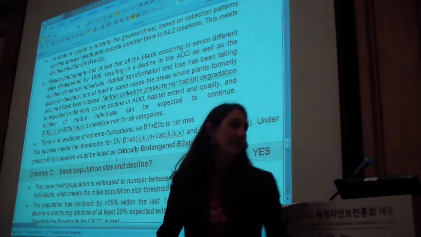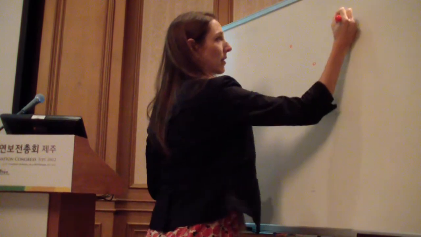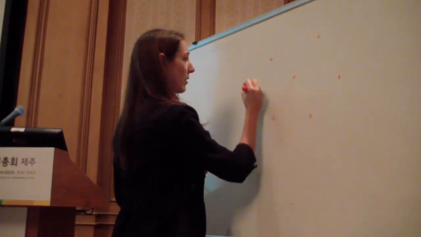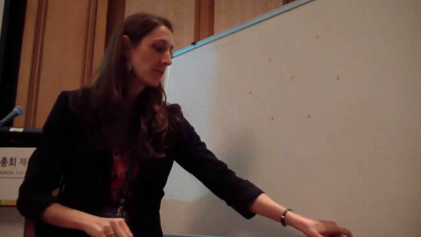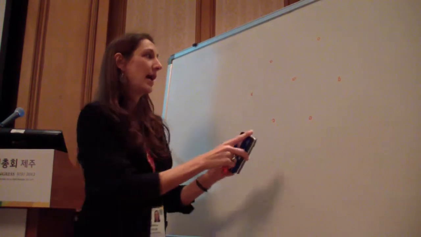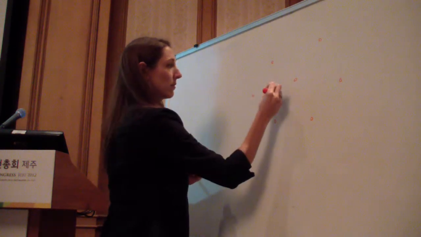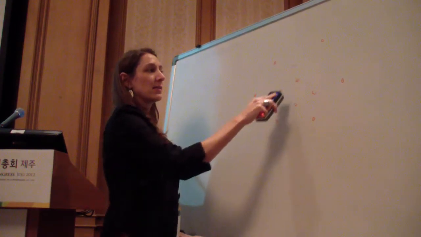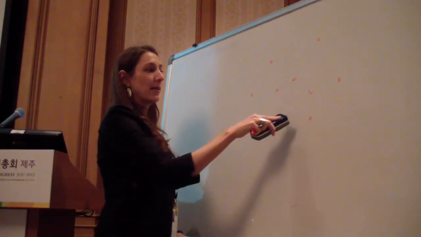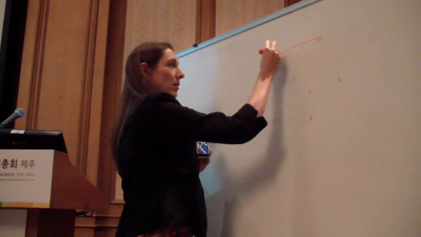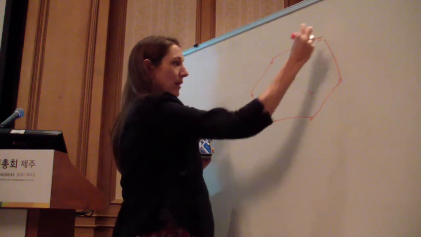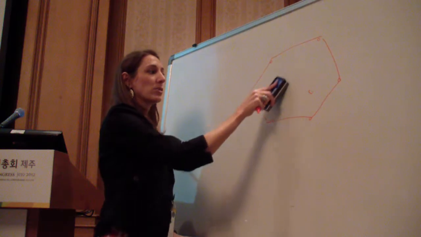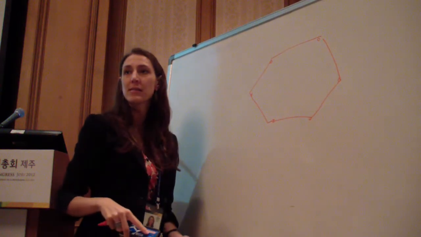So let's say these are the individuals. If we're losing these on the inside, the extent of occurrence is actually the same. We could lose all of these and the extent of occurrence stays the same.